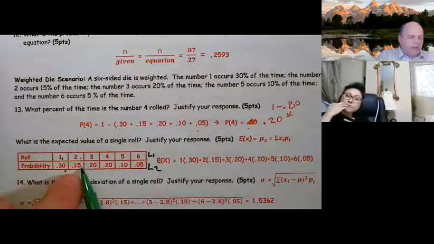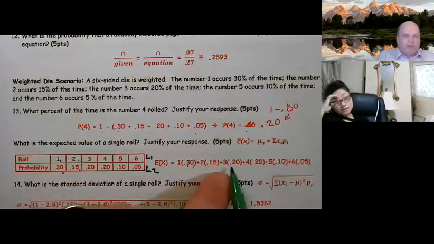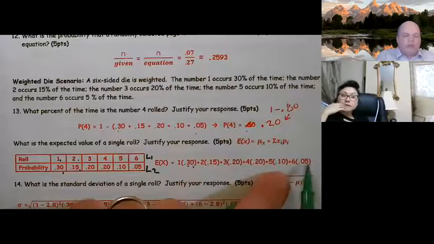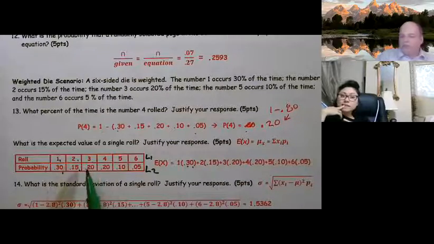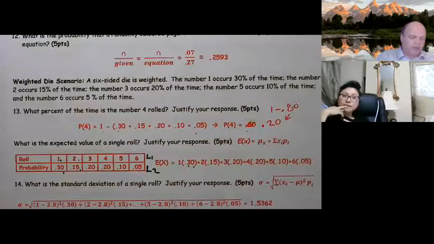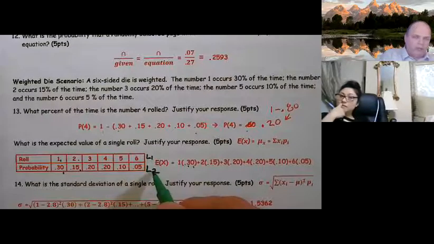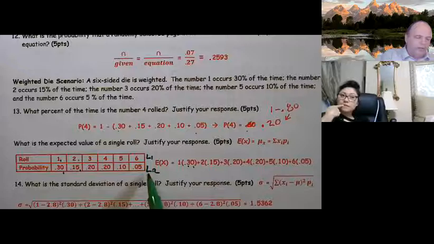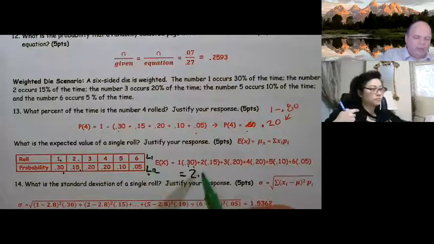So 1 times 0.3 plus 2 times 0.15 plus 3 times 0.12. This is the work that you show. What I actually did is I plugged this into the calculator, putting this into L1 and L2, and I did a stat edit, stat calc, and I ended up getting 2.8.